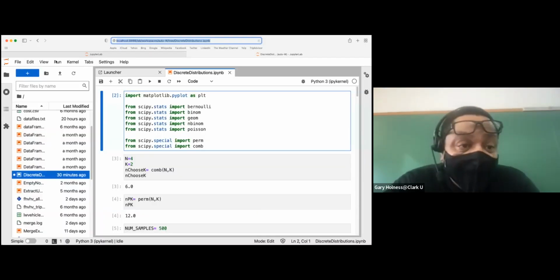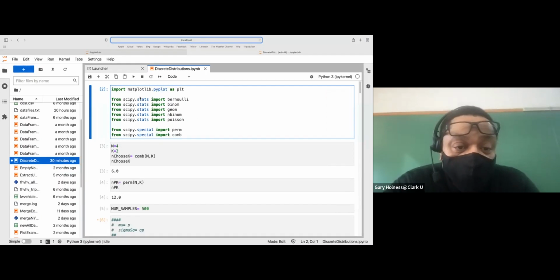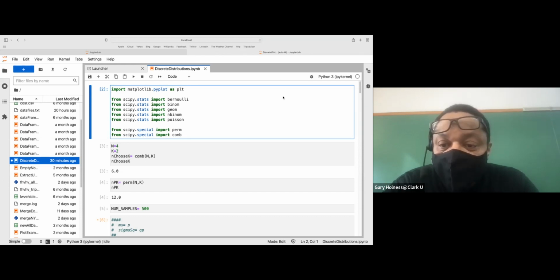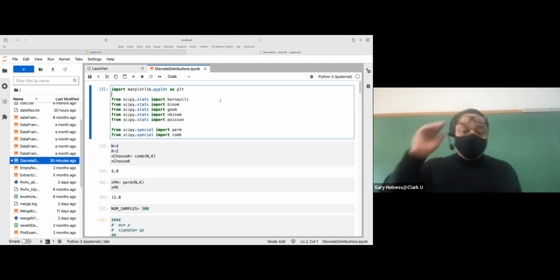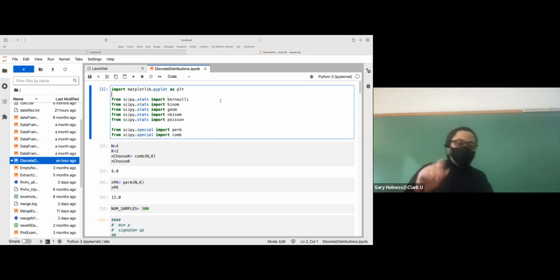So where's my notebook? It's right there. All right, so let me bring up screen share, and let me go to Safari and maximize that. All right, there we go. Let me hide meeting controls, and we're up. Okay, so I can also post this on the Moodle Canvas site.